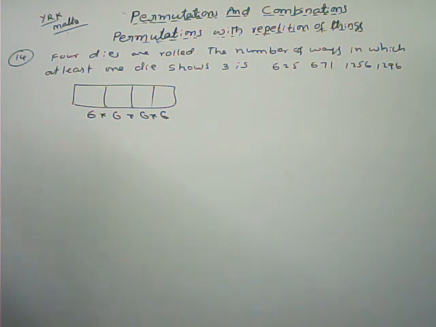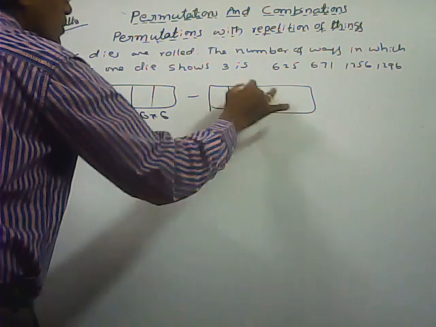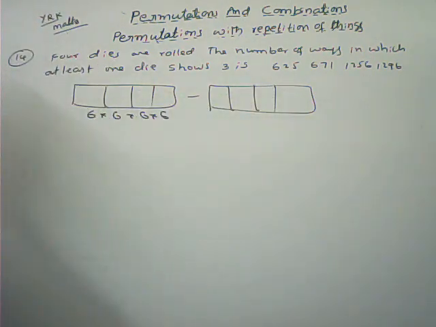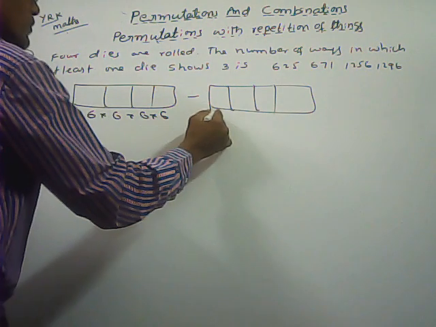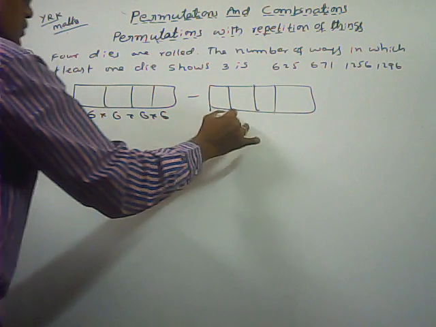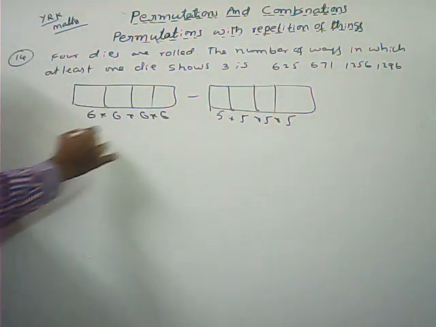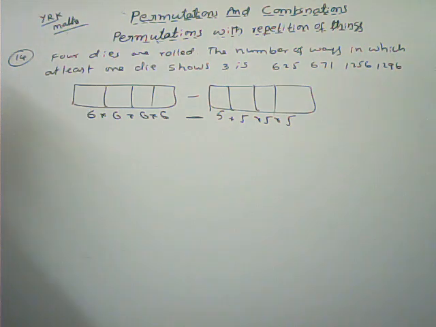Here we can subtract the ways of rolling the 4 dice without getting 3: either 1, 2, 4, 5, 6, 5 ways are there, 5 ways, 5 ways, 5 ways. If I subtract this one, we can get at least one die shows 3 only. Okay, thank you.